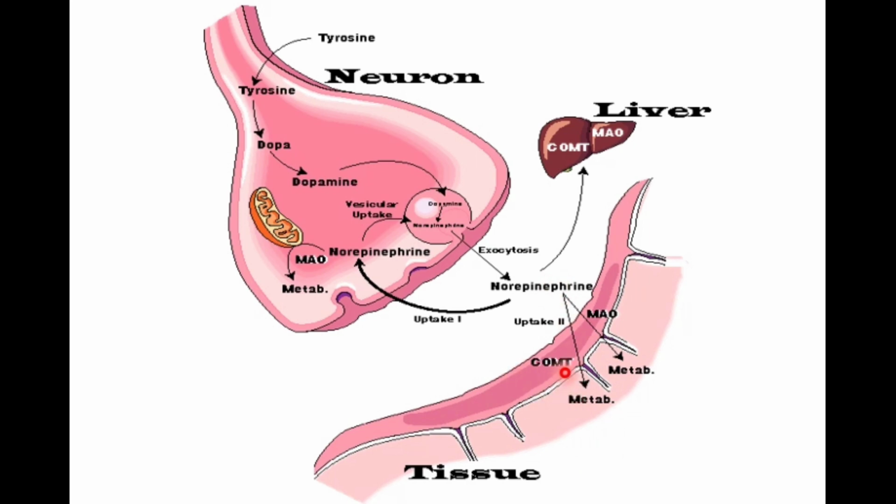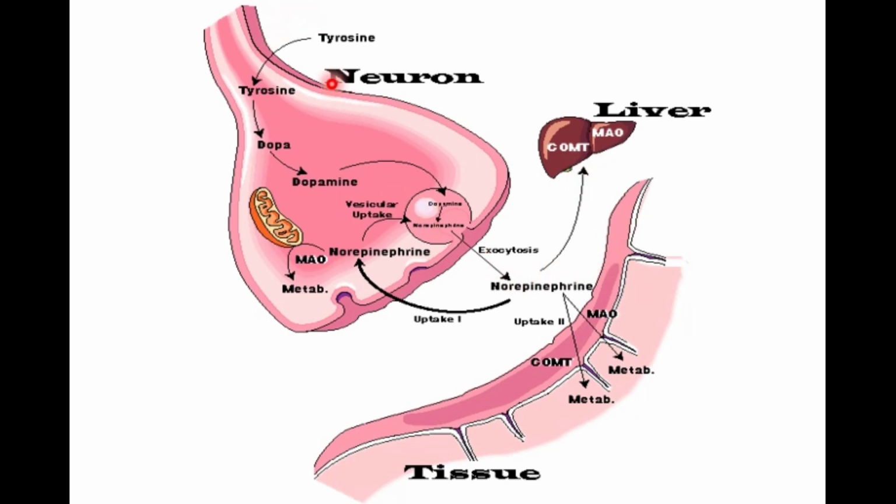Catechol-O-methyl transferase is also found in the liver. Hepatic monoamine oxidase and catechol-O-methyl transferase are responsible for metabolism of adrenaline and noradrenaline circulating in the blood.